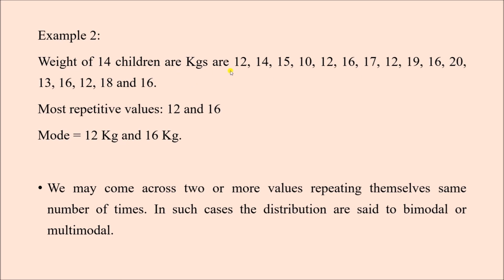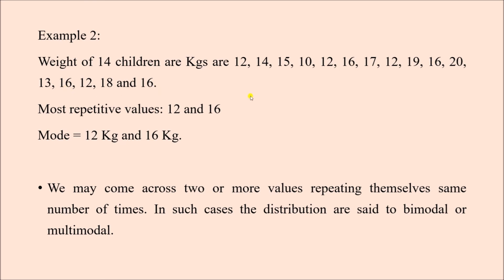Example number 2, weight of 14 children in kilogram are given here. Now if we look at the values carefully, you shall see the value 12 and 16. These two values have repeated itself most of the time. So the value 12 we have once, twice, thrice and fourth time. What about 16? Once, twice, thrice and 4 times.